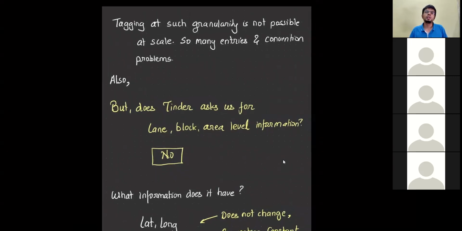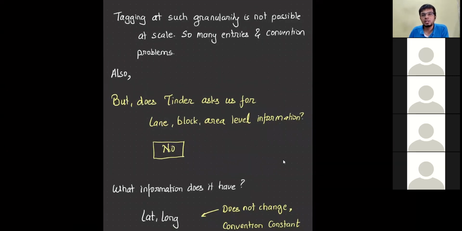Tagging at such a granularity is not possible, definitely not at scale, because here we are still assuming that people are not moving, but in the real world people are moving and location would change. People would move from one block to another block, and then your database needs to be altered, computed and re-tagged.